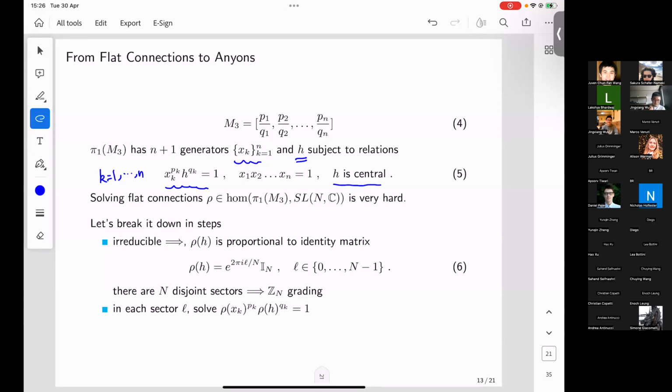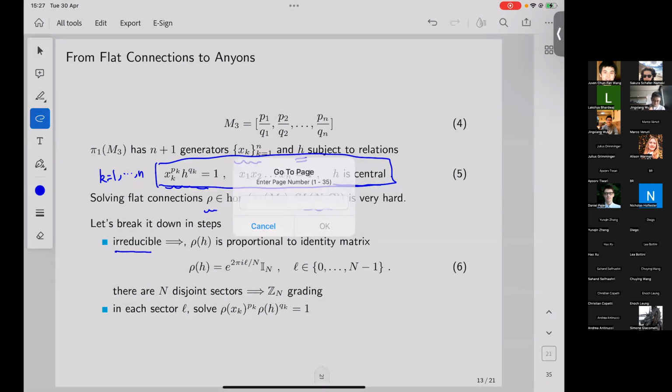Those are the equations you need to solve. To say I'm interested in a flat connection means I want to solve this set of equations using SLNC matrices. I want to find a set of matrices that solve these equations. So let's try to break it down into small steps and see how far we can push along this direction. The first step is that we are interested in irreducible flat connections.